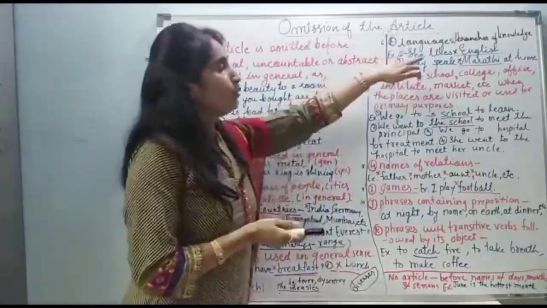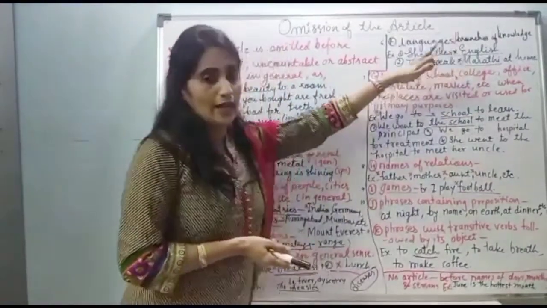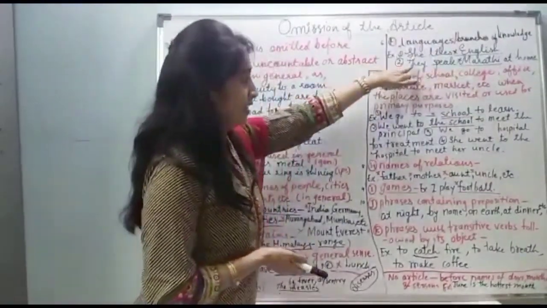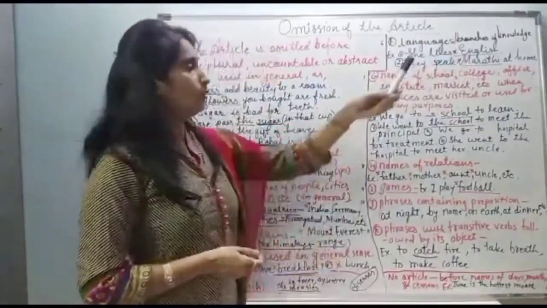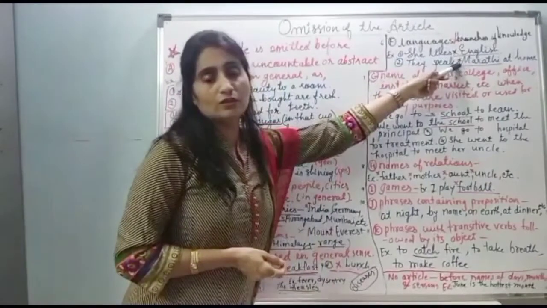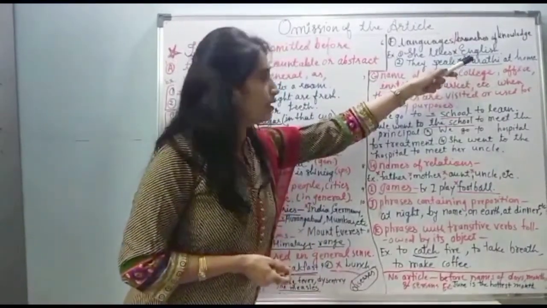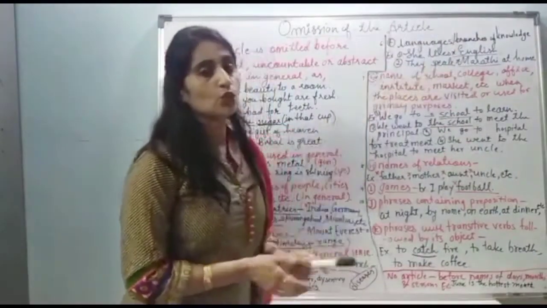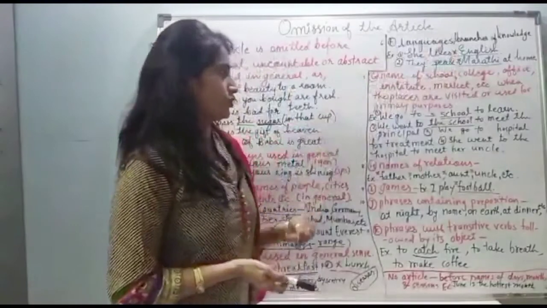Okay, so don't make use of the article there before a language. Then the second sentence is, they speak Marathi at home. No article before the noun. Which is the noun here? Marathi. This is a language, and so don't make use of any article before it.